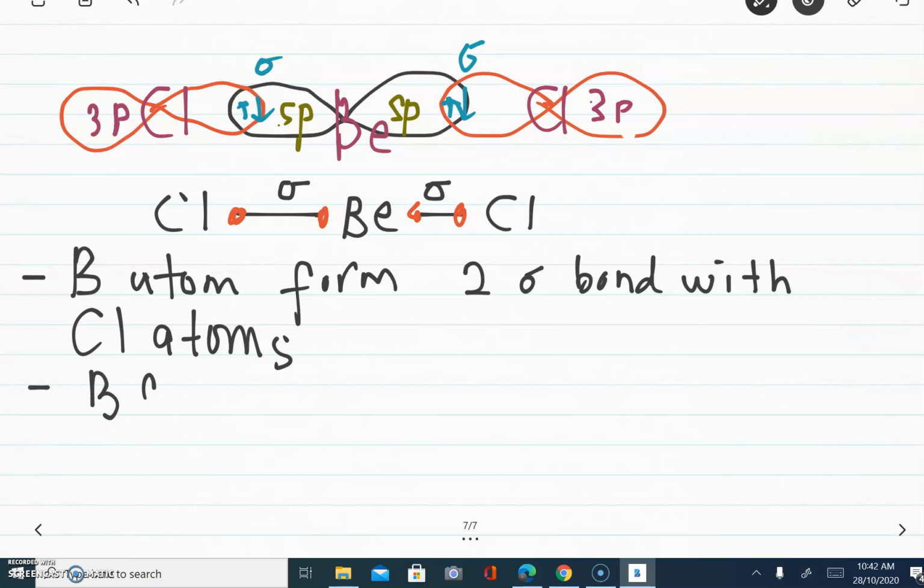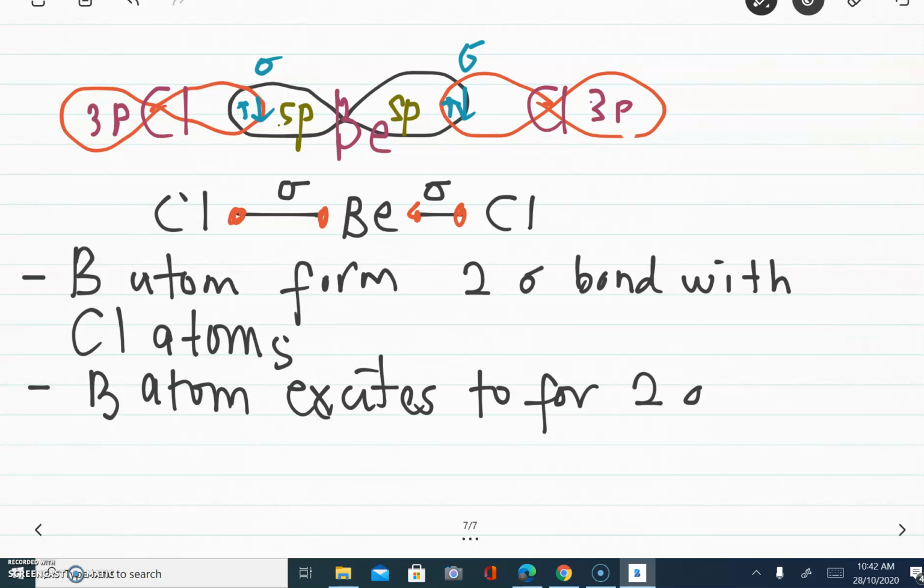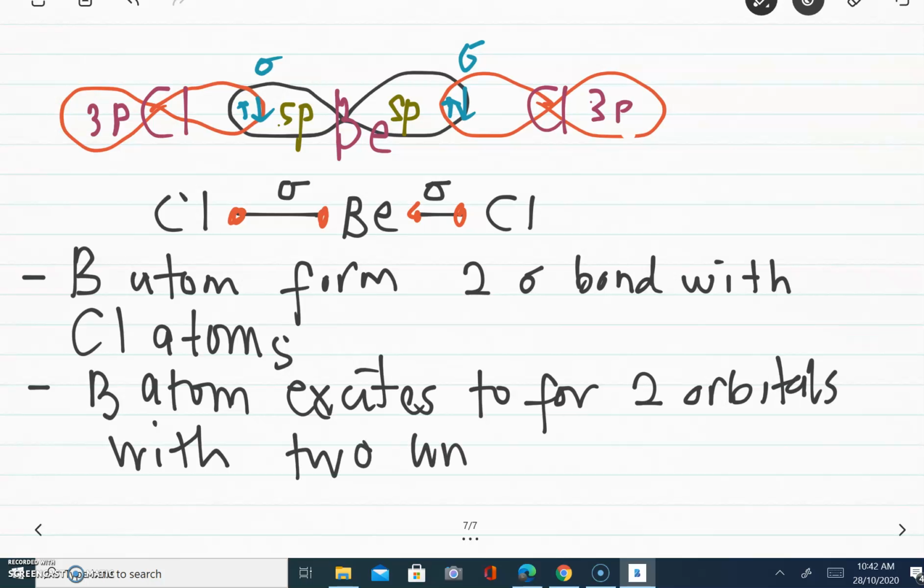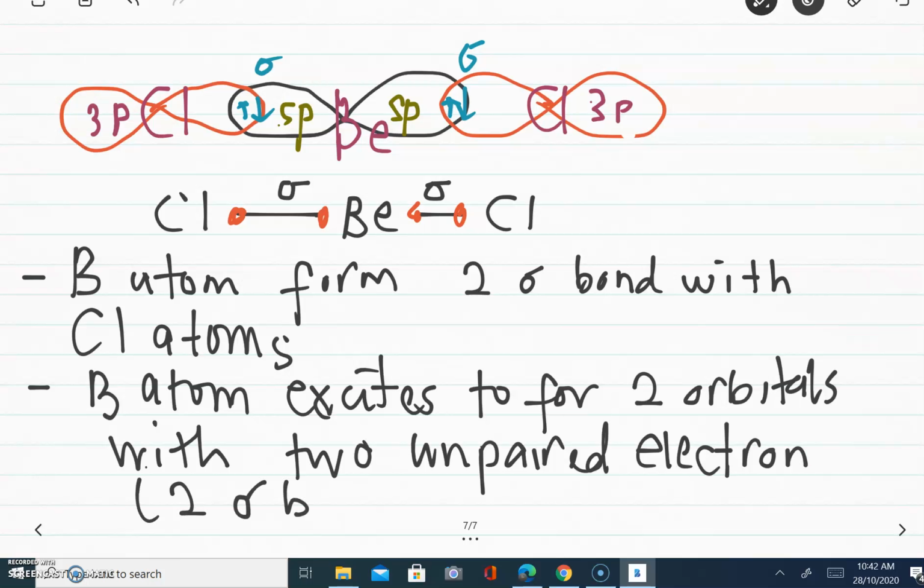The beryllium atom is excited to form 2 orbitals with 2 unpaired electrons, which can form 2 sigma bonds.